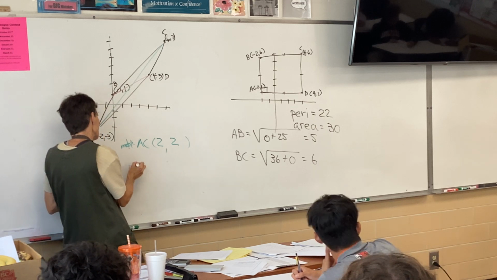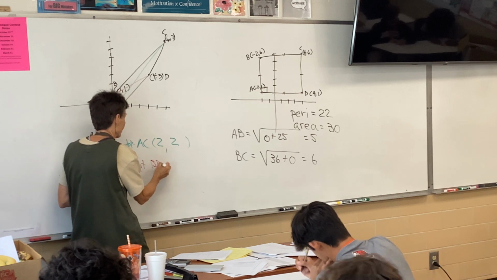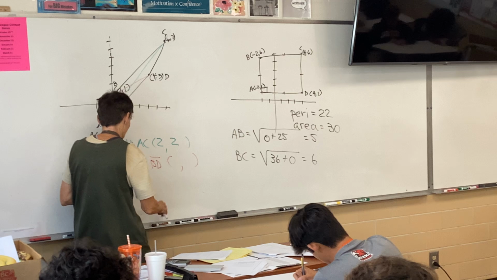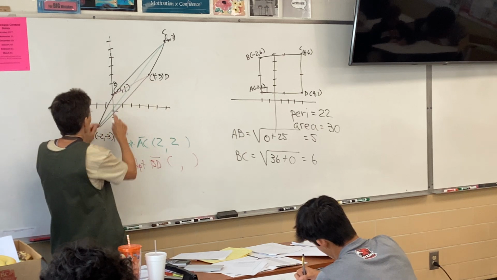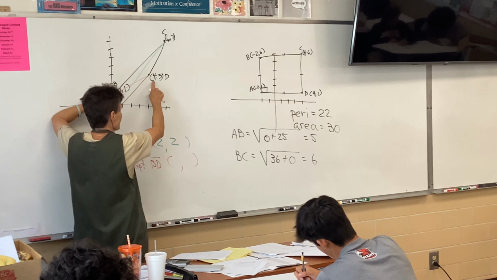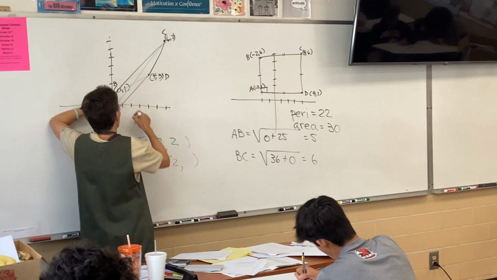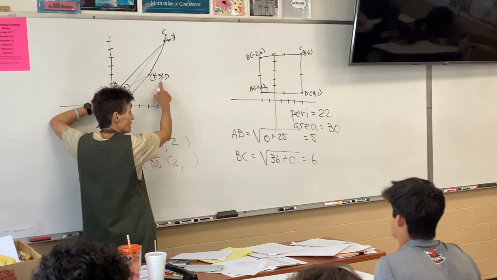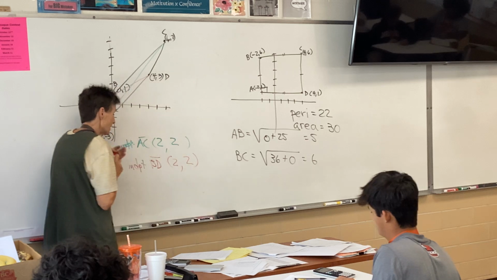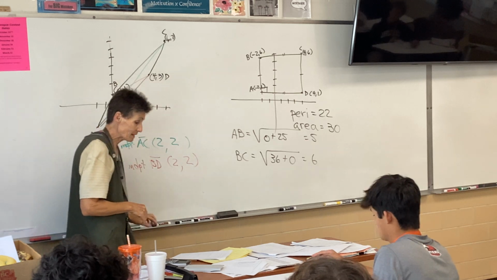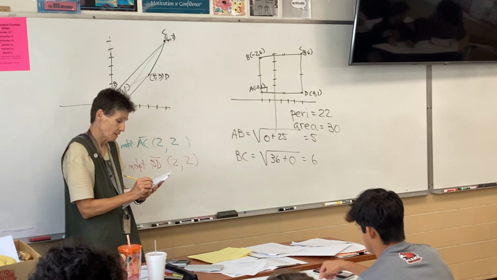All right, now I need to find the midpoint of BD. All right, BD. 0 plus 4 divided by 2. 1 plus 3 divided by 2. Did we just prove they bisected each other? Yep, because they have the same midpoint.